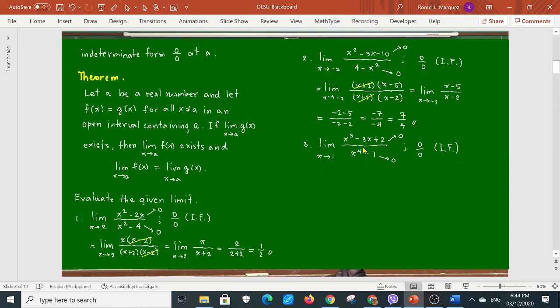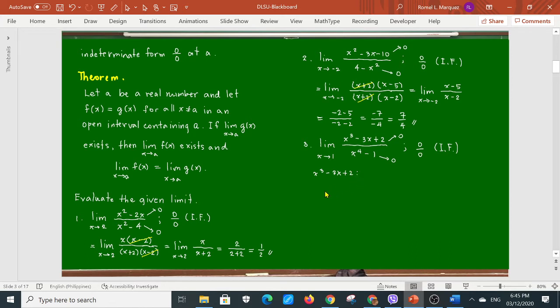Now, the numerator, of course, is not that easy to factor. But we know there is a factor x minus 1 in such. Let's apply synthetic division for x cubed minus 3x plus 2.